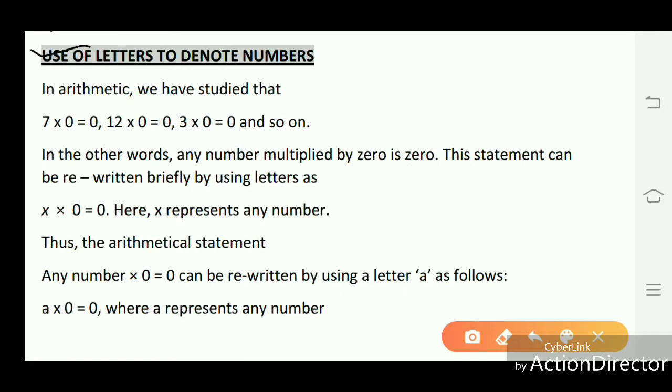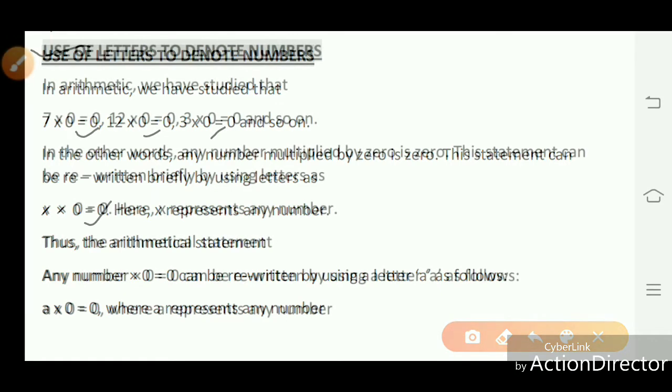Use of letters to denote numbers. In arithmetic, we have studied that 7 multiplied by 0 equals 0, 12 multiplied by 0 equals 0, 3 multiplied by 0 equals 0, and so on. In other words, any number multiplied by 0 is 0. This statement can be rewritten briefly by using letters as x multiplied by 0 equals 0.